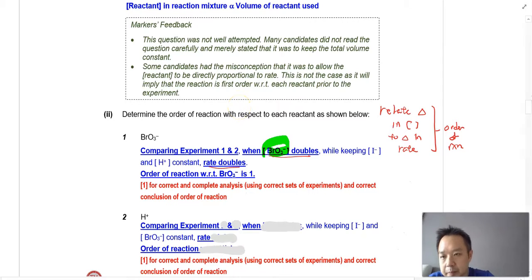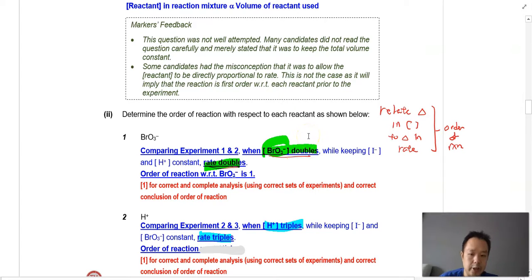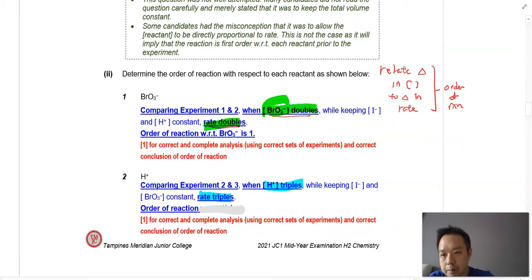Comparing experiment 2 and 3, when H+ concentration triples, rate triples. So again, the change in the concentration is directly proportional to the change in rate, and as a result, the order of reaction with respect to H+ is also 1.